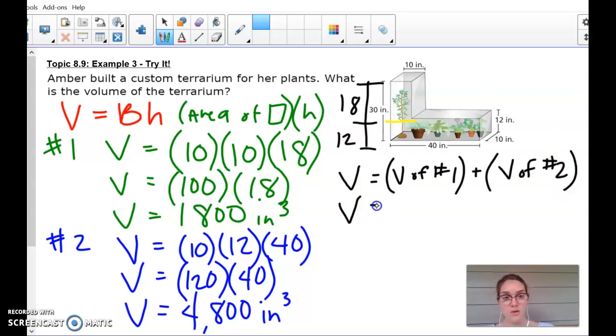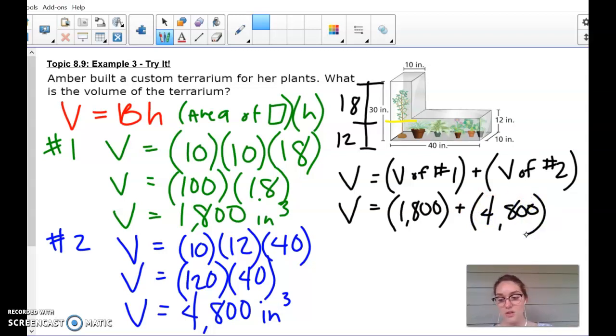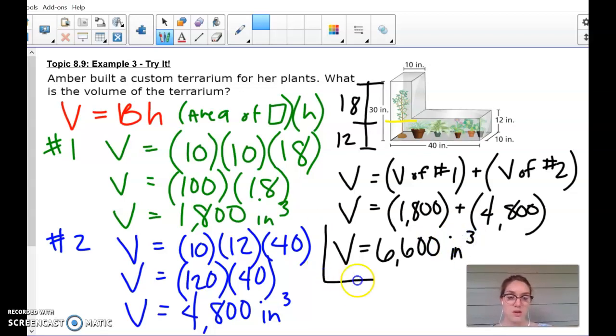The volume of number 1 is 1,800, and the volume of number 2 is 4,800. So if I add those two together, 1,800 plus 4,800, I get that our total volume is equal to 6,600 inches cubed. How many cubes can fit in? There you go.